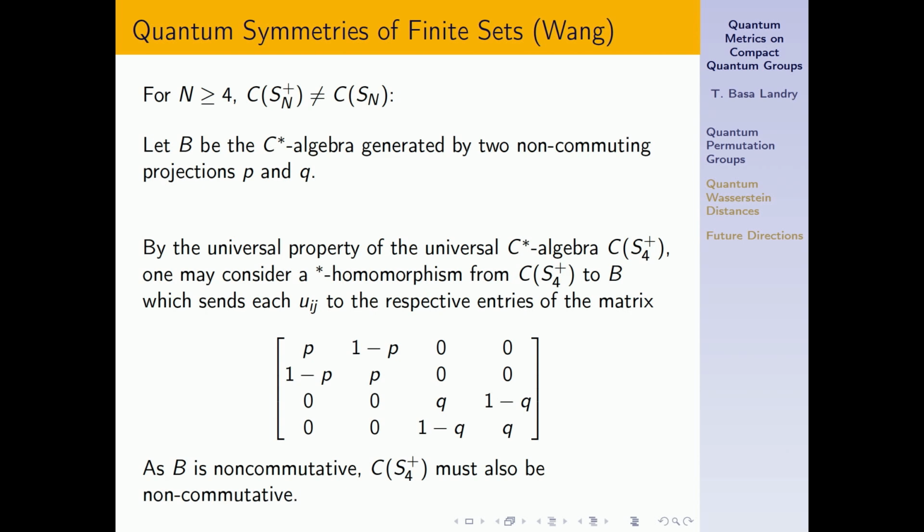And so since the C-star algebra we generated is non-commutative, our quantum permutation group must also be non-commutative. And you can see here very easily how the conditions on the rows and the columns are satisfied, that they all sum to the identity.